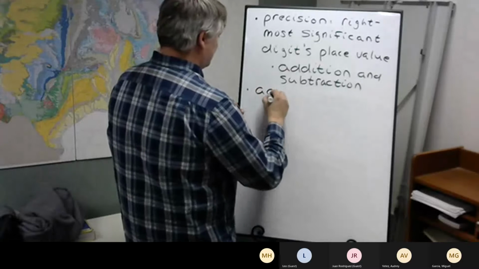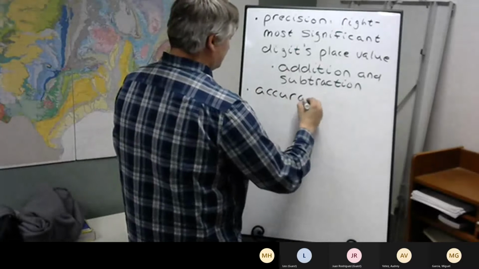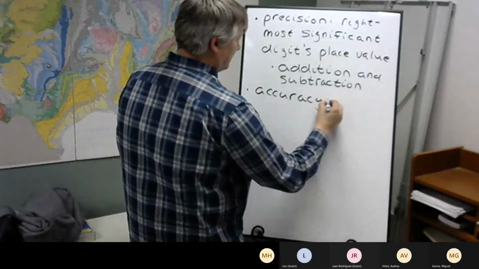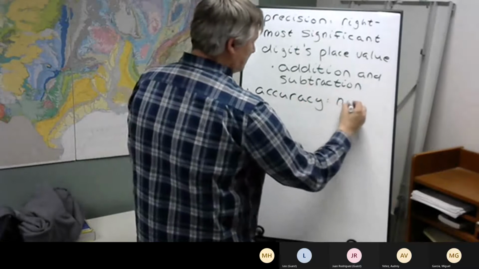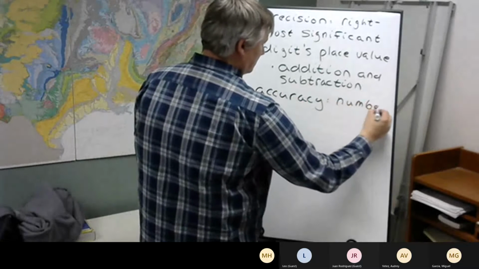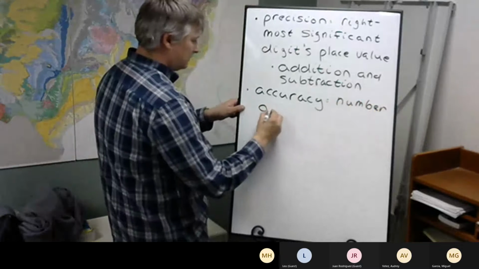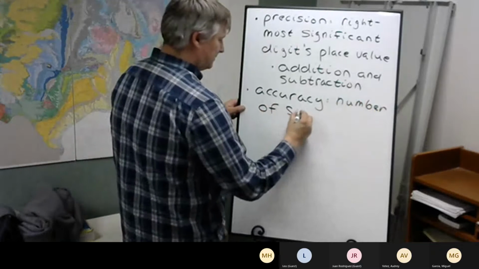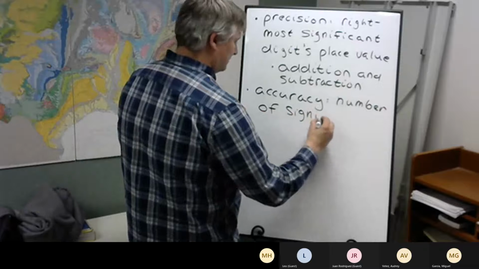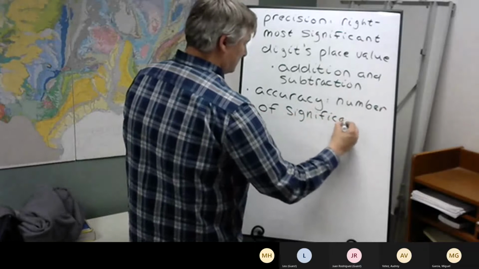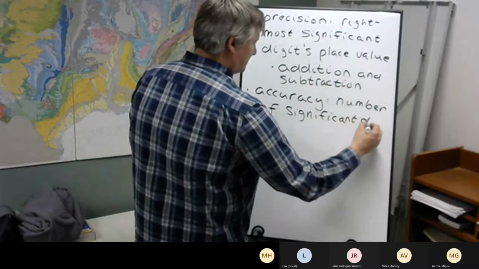Accuracy is the number of significant digits.